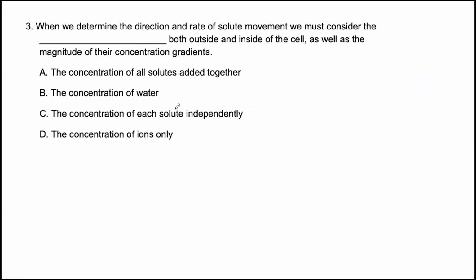Okay. So number 3, when we determine the direction and rate of solute movement, we must consider the blank both outside and inside of the cell, as well as the magnitude of their concentration gradient. Okay, so let's read one more time. When we determine the direction and rate of solute movement, we must consider blank both inside and outside of the cell, as well as the magnitude of their concentration gradient.